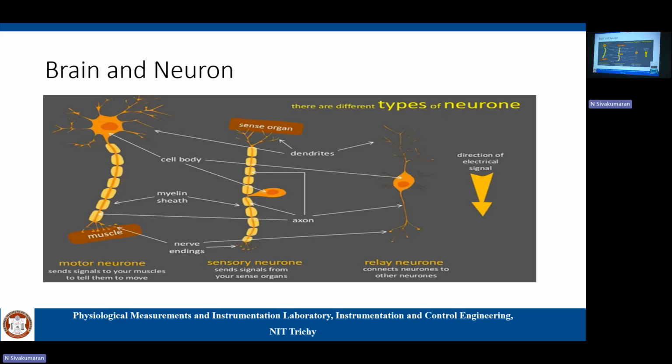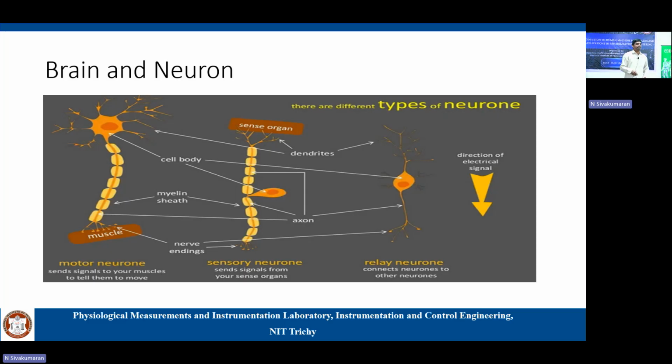We have different neurons: motor neurons, sensing neurons. For example, the moment temperature or weather changes, we are able to feel it, right? Those kinds of sensings we are able to feel because of sensory neurons.